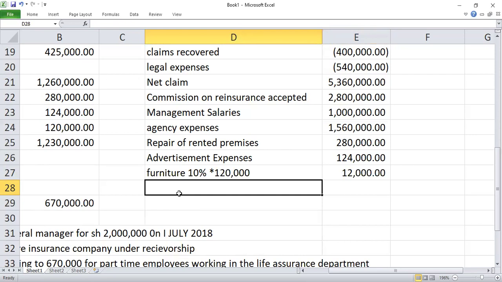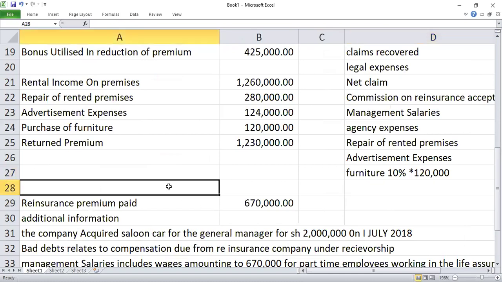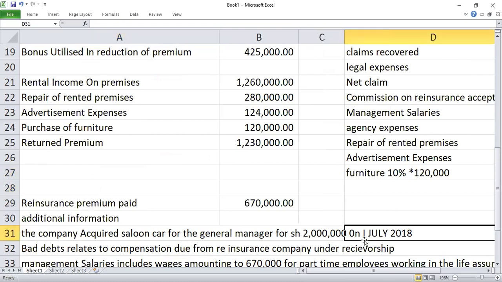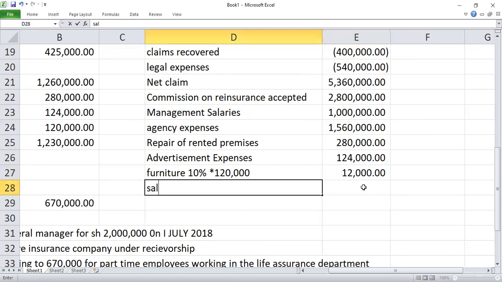We also have additional information number 1, which says the company acquired Salunka for 2 million. So we have Salunka. Salunka will qualify for 25%.